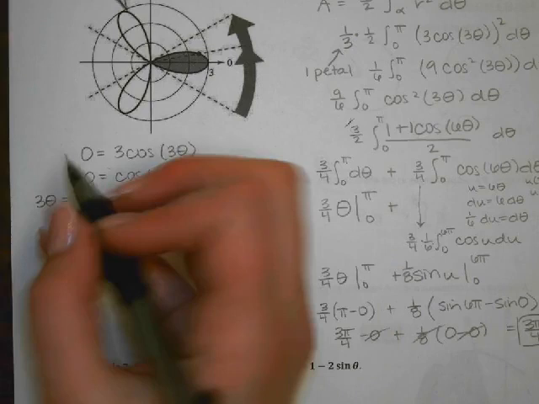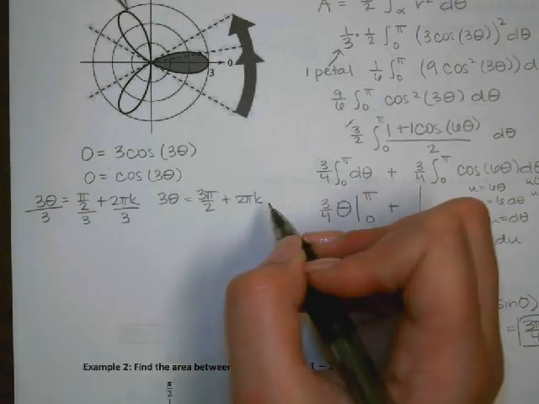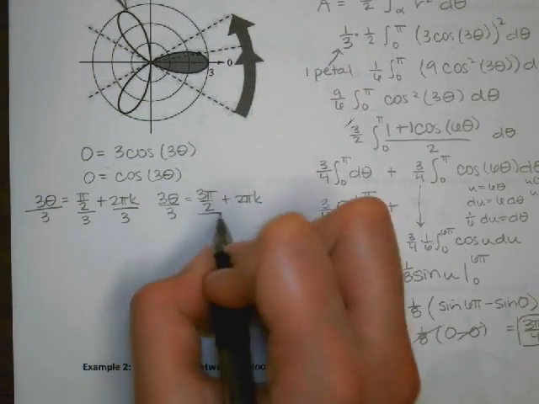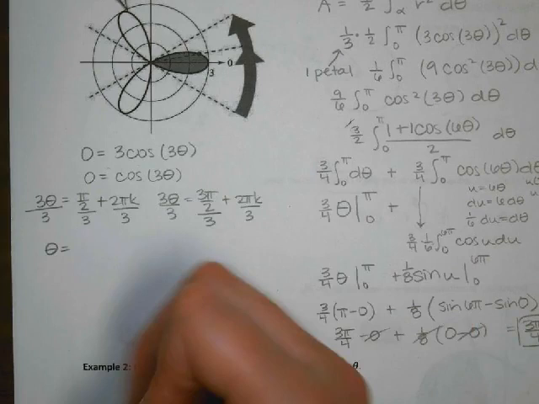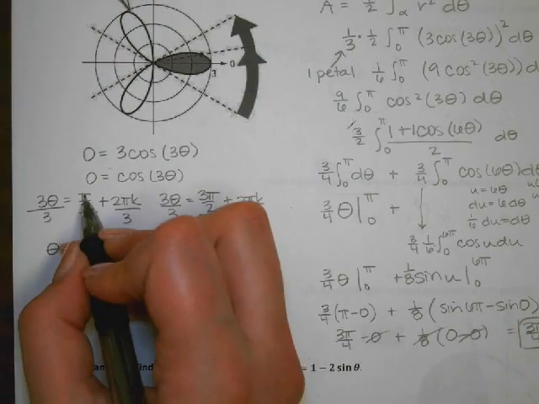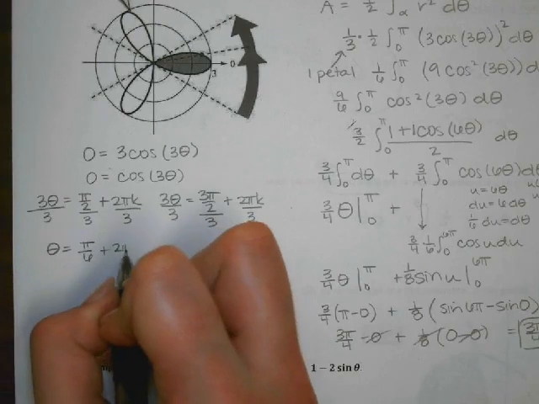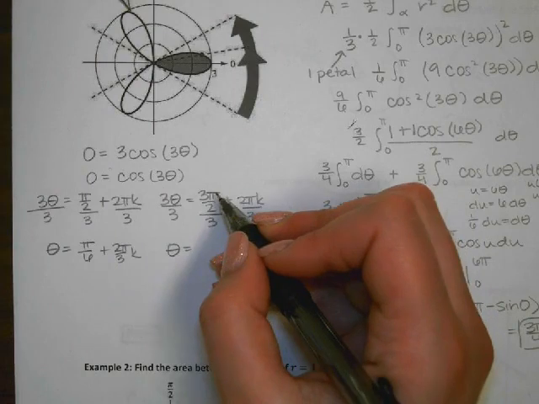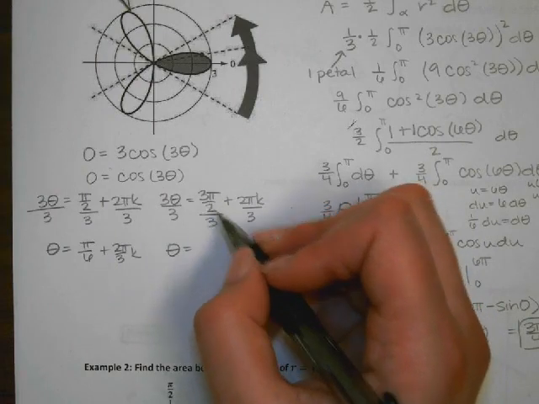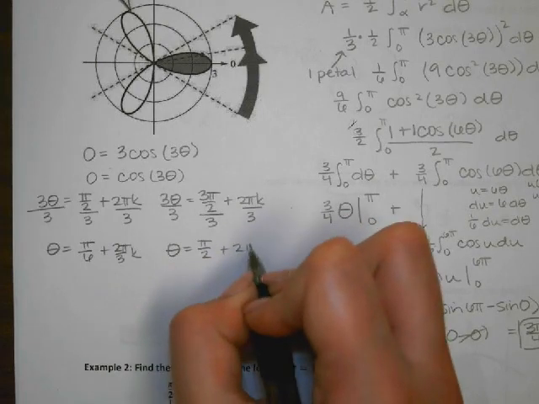All right, so I'm going to go ahead and divide everything by 3. So to get all the places where this happens, I'm going to have pi sixths plus 2 pi thirds, okay? And if we have 3 pi halves divided by 3, that's just pi halves plus 2 pi thirds.